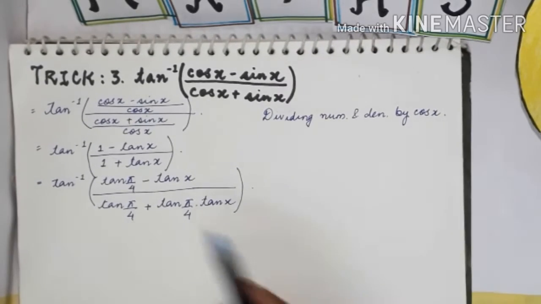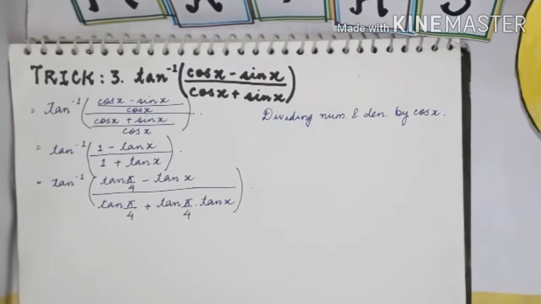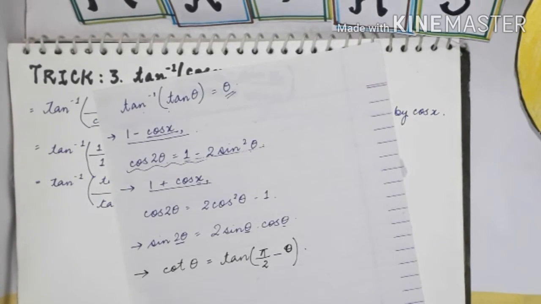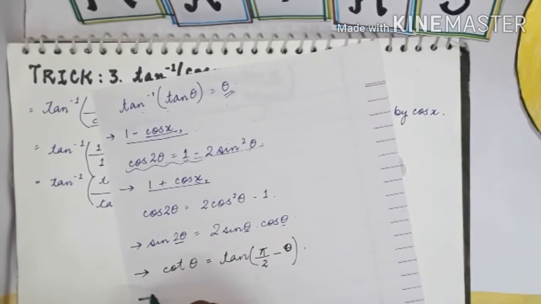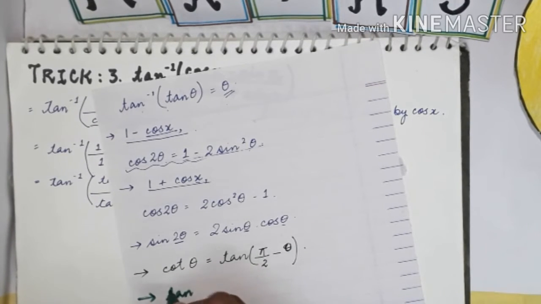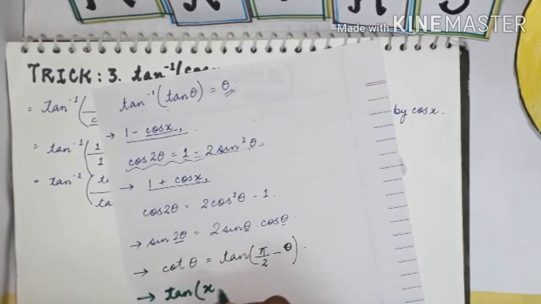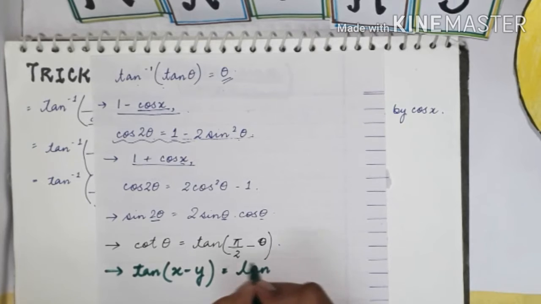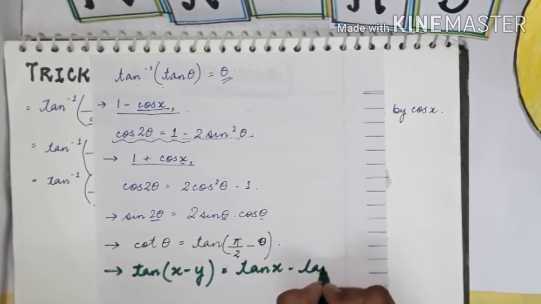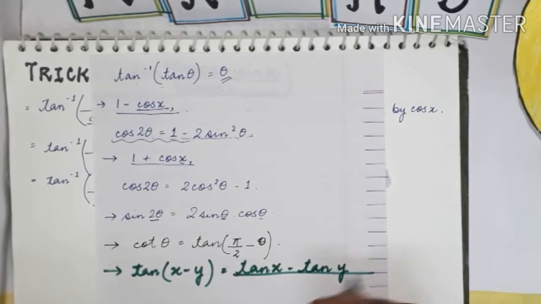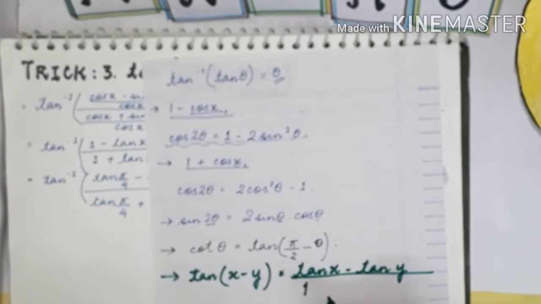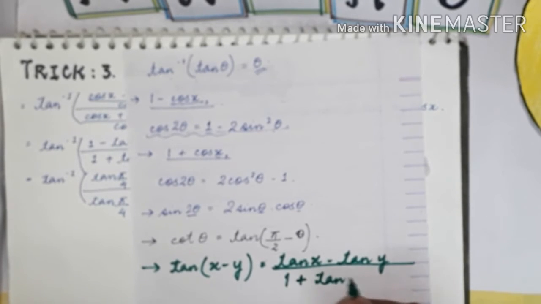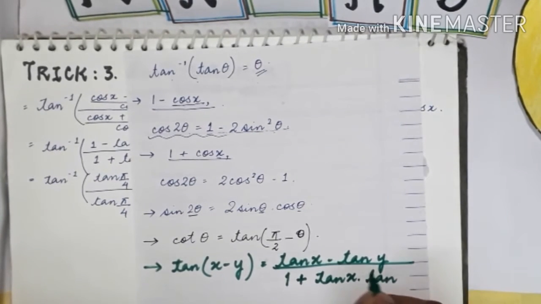Now see, it is an identity for tan x minus y. Tan x minus y is equal to tan x minus tan y upon 1 plus tan x tan y.